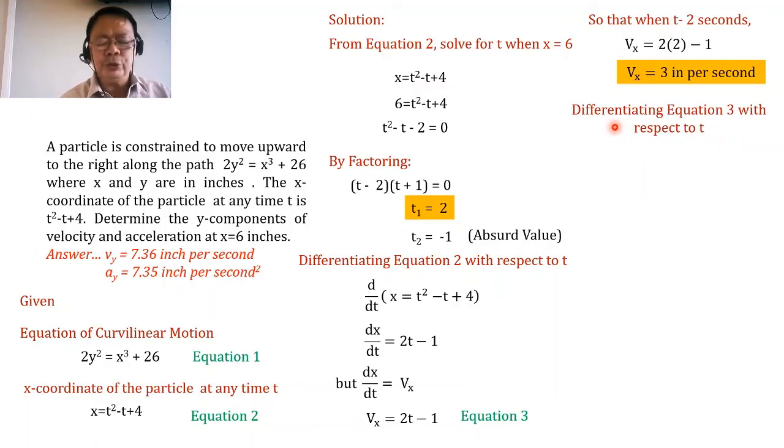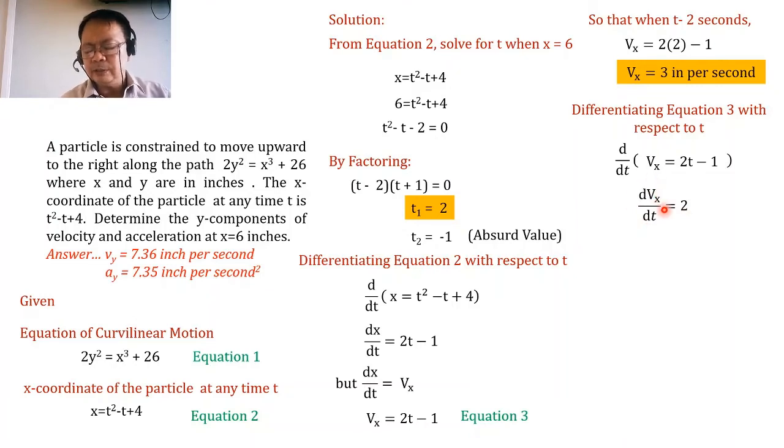Now, if we differentiate equation 3 with respect to time t, we shall get the x component of the acceleration. Equation 3, which is v sub x equal to 2t minus 1, when differentiated with respect to t, gives on the left hand side the derivative with respect to t of vx, and the right hand side will be equal to 2.